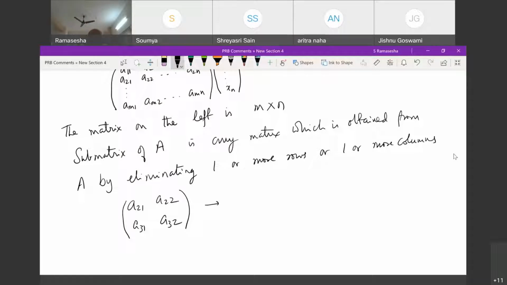I can also have a submatrix which is any other thing, for example A11 to A1r, A21 to A2r. I can have a square submatrix.